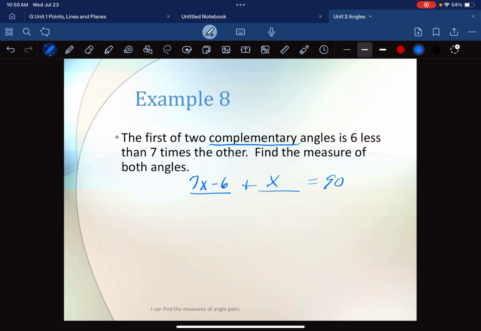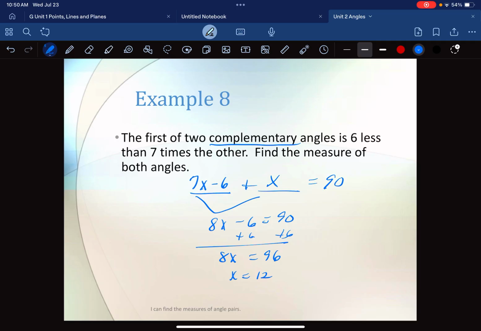What am I subtracting 6 from? 7 times the other. The other was x, so 7 times x minus 6 is 6 less than 7 times the other. Combine like terms, 7x and x make 8x minus 6. Add 6 to both sides and divide.